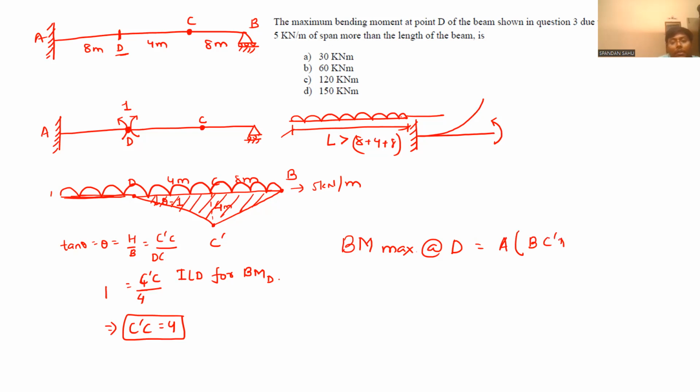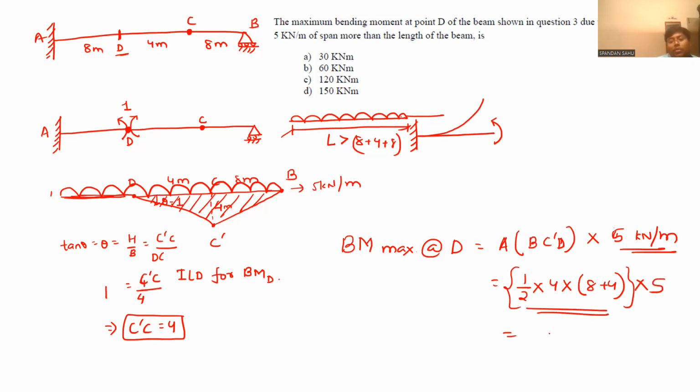So half into 4 into 8 plus 4, that is 24, multiplied with 5. This is the area into 5 kilonewton per meter, that is the superimposed load. So this comes out to be 24 into 5, so 240 by 2, 120 kilonewton meter.